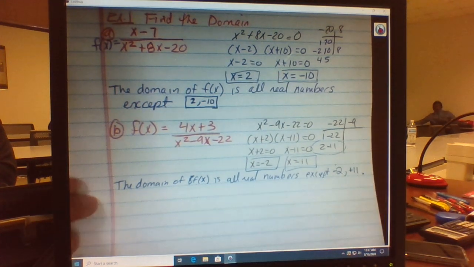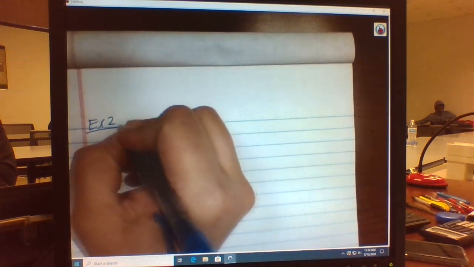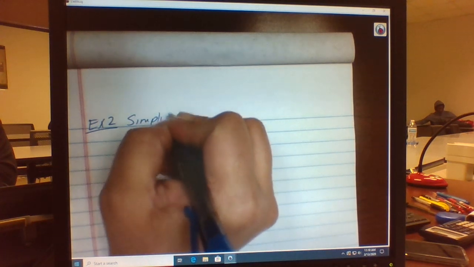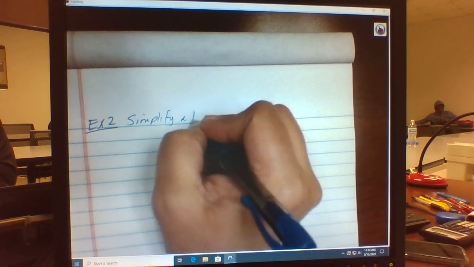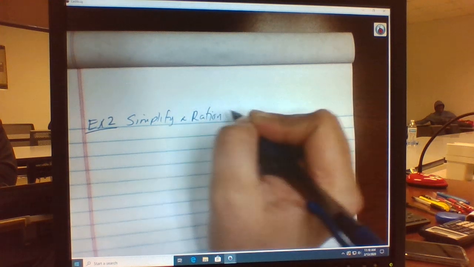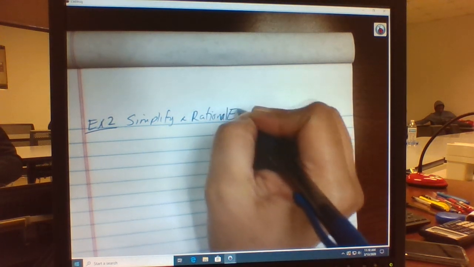All right, for example number 2. Simplify a rational expression.